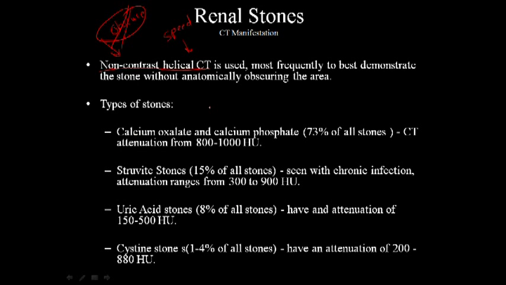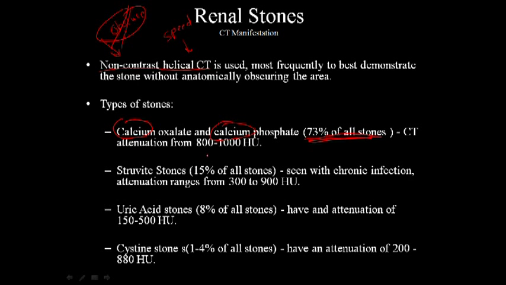And so that brings us to the types of stones. Typically we all just kind of lump renal stones into one category, but that's not to say that all stones are created equal. We have calcium oxalate and calcium phosphate. Notice here that the key word in both is calcium. Calcium increases the density, and because of this, it's 73% of all stones.